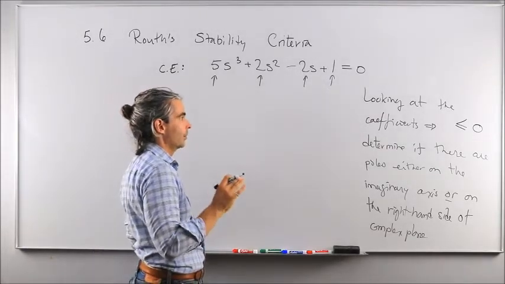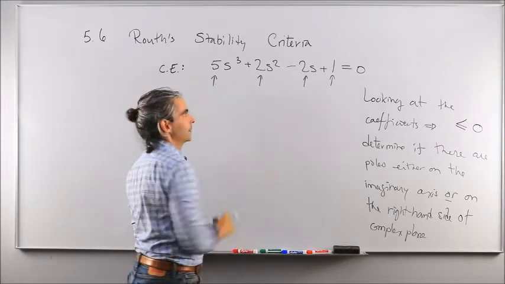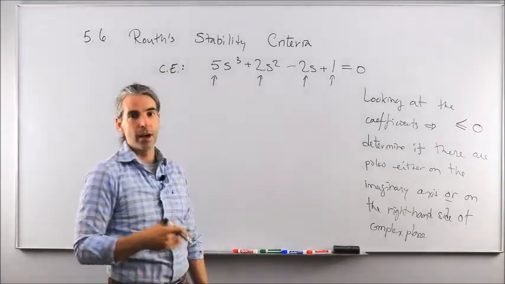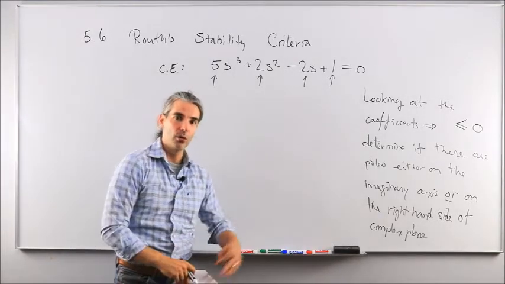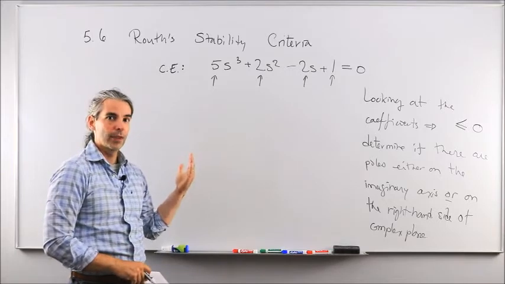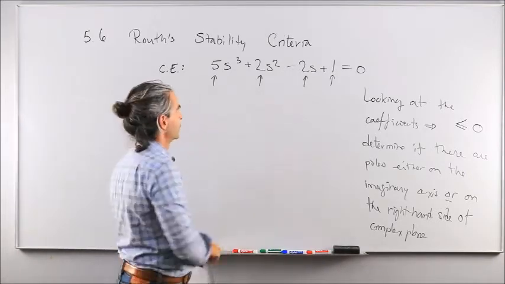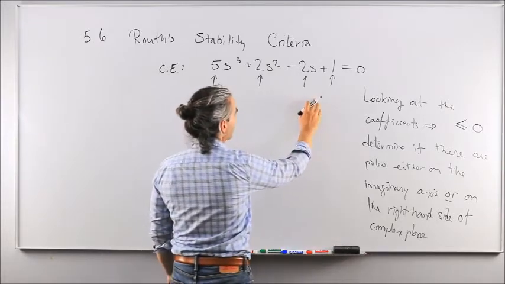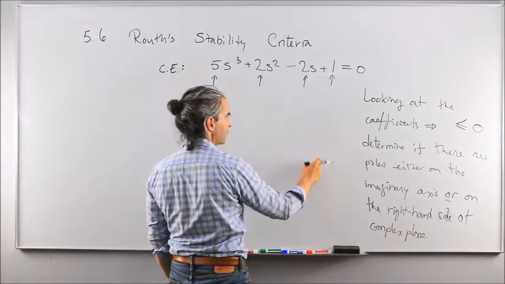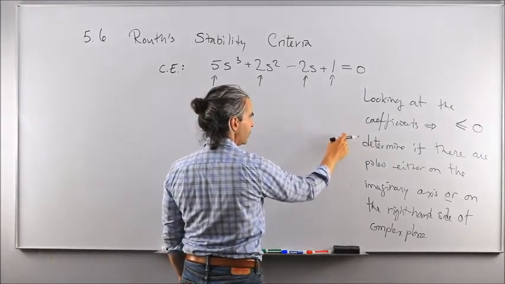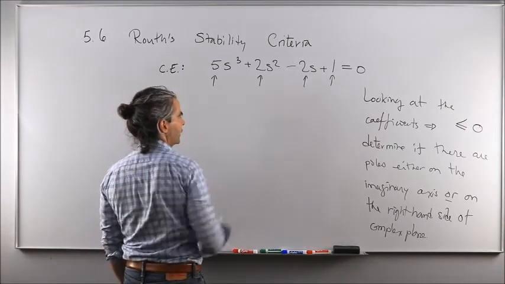You don't know yet where they are, but you know right away that this is not related to an asymptotically stable system in any way, shape, or form, because asymptotic stability implies that all the poles lie on the left-hand side, and no poles shall be on the imaginary axis, obviously. So this is actually for a stable system with poles on the imaginary axis, or an unstable system where you have some poles lying on the right-hand side. So right away, because there's a negative sign.